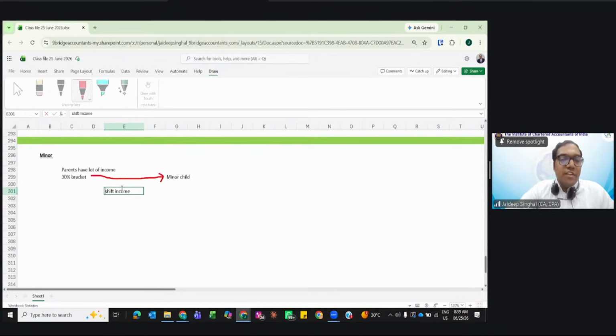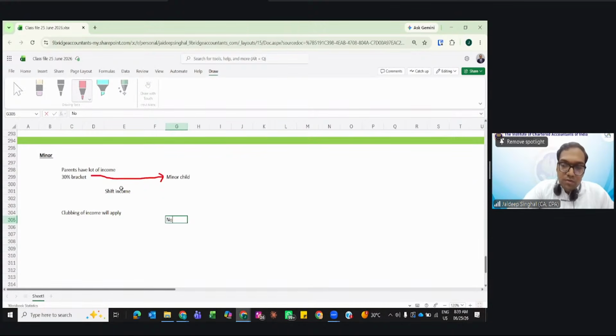Now, if they shift income to the child, clubbing will apply. They create FDs in the name of the child; whatever income is received from the FD will be taxable in the hands of the parents. Clubbing of income will apply. Now, the important point is which incomes are included in the clubbing.